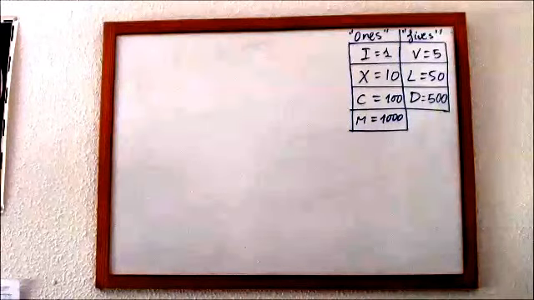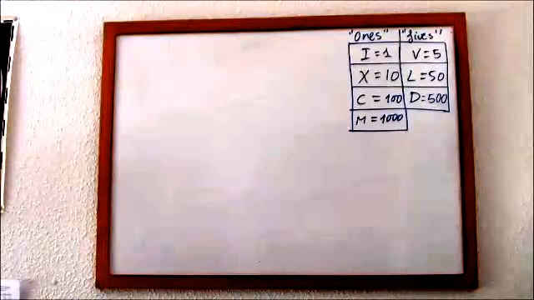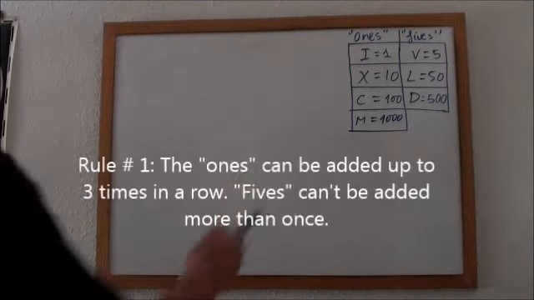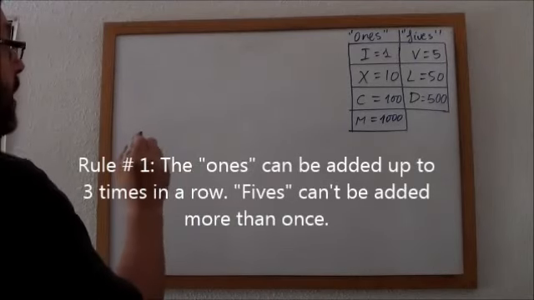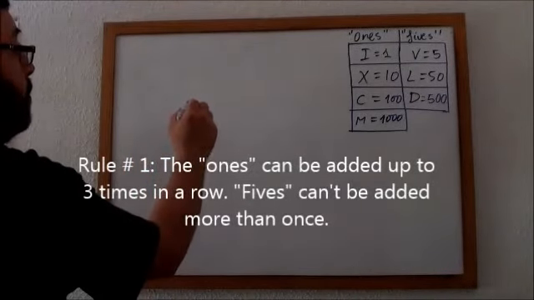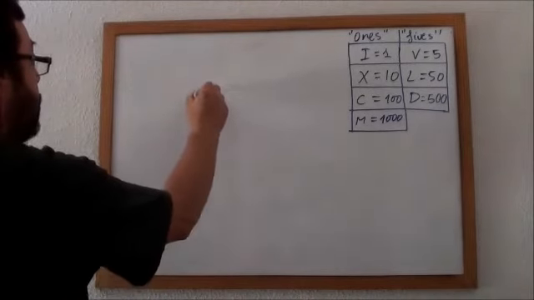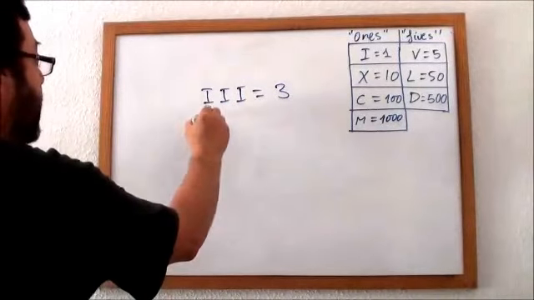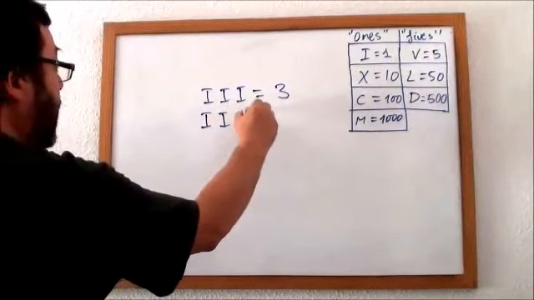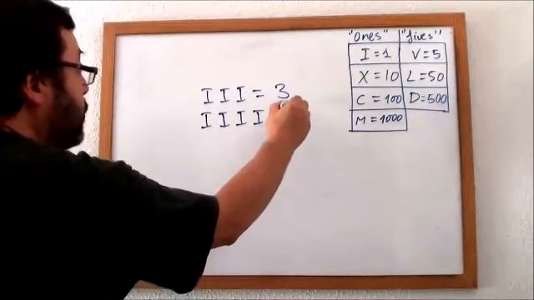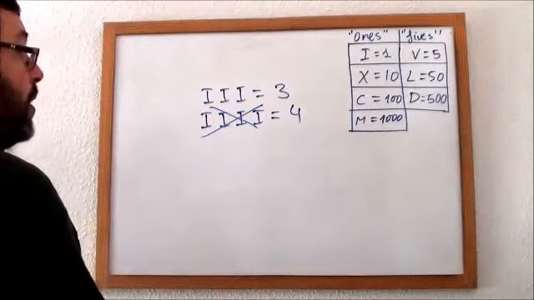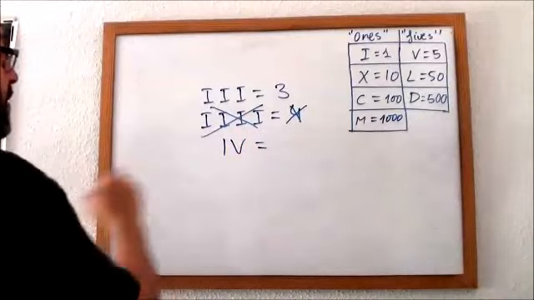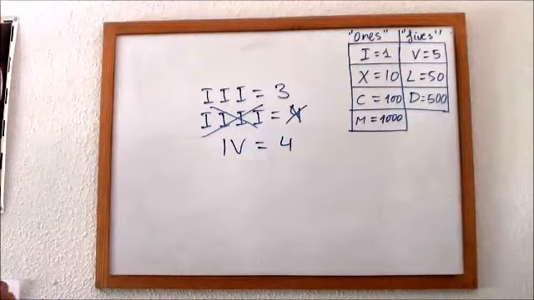But to add and take away the values of the letters, we have to follow three simple rules. Rule number 1. The ones cannot be repeated to be added more than 3 times in a row. So we can do I I I, that makes up 3, but we cannot do I I I I to make 4. That is not the correct way. So to make 4, we have instead to write 5 and take away 1, as we have seen before.